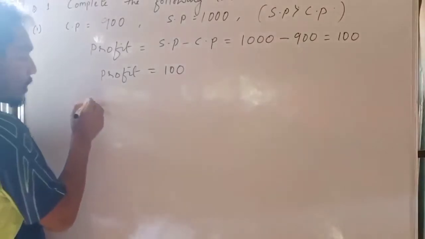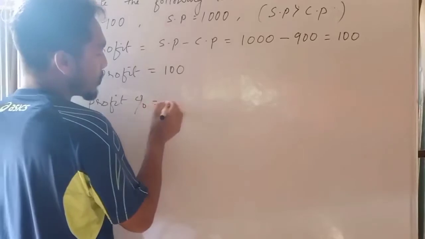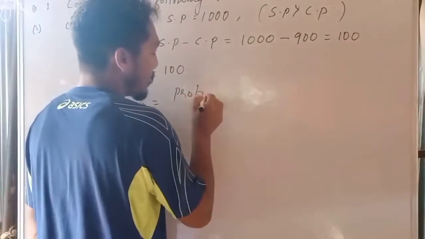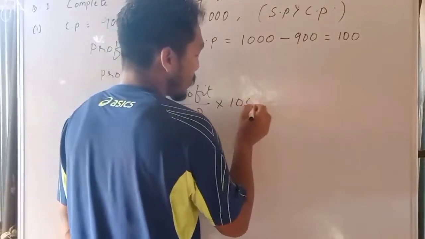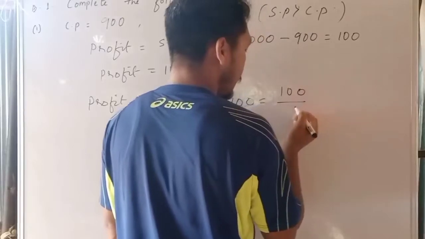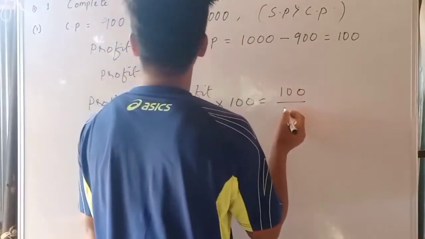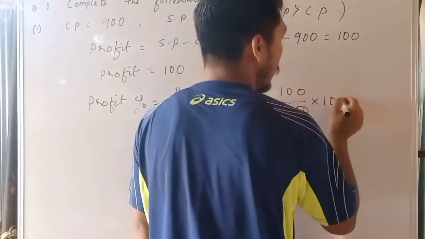Now I'm going to find the profit percent. Profit percent is equal to profit divided by CP into 100. Profit is 100 and CP is 900, into 100.